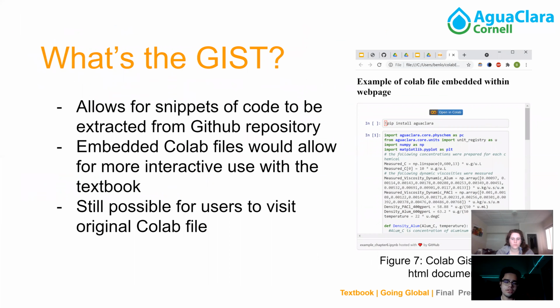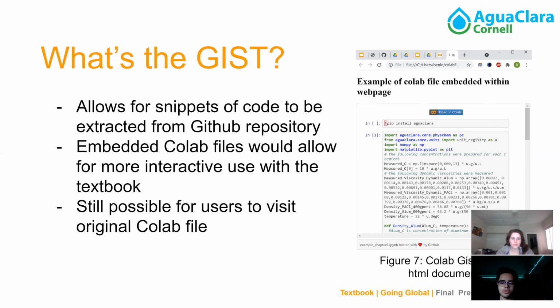And so this moves into now working with Gists and actually being able to implement our work within the textbook itself. Gists are essentially snippets of code from a Git repository that allow for excerpts of programs to be shared on multiple mediums, which in our case was the HTML files within the textbook.